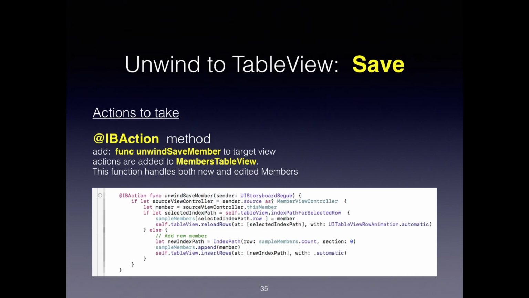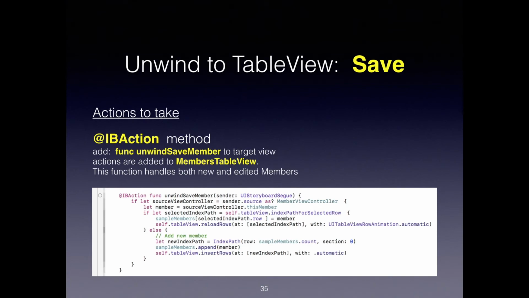And the row number, remember the count is the number of elements in the array, and the index numbers start at 0. So the count would be the next available array number. So we just simply say add member to sample members at that index path.